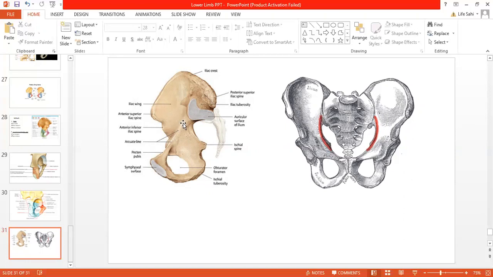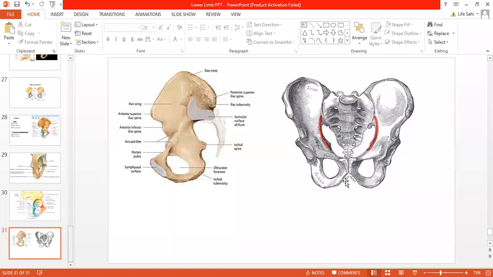In this diagram, you can also see this is the line. Above, it is continuous with the medial margin of the ilium, and below the iliac fossa, it runs inferiorly and anteriorly to be continuous with the pectineal line of the superior ramus of the pubic bone. Together, the pectineal line and the arcuate line are called the iliopectineal line.